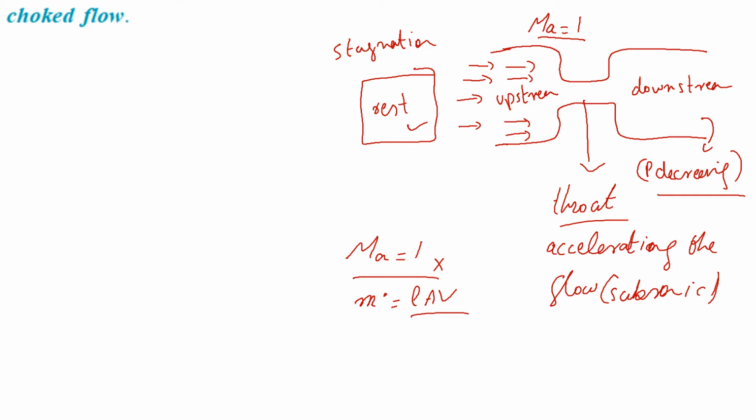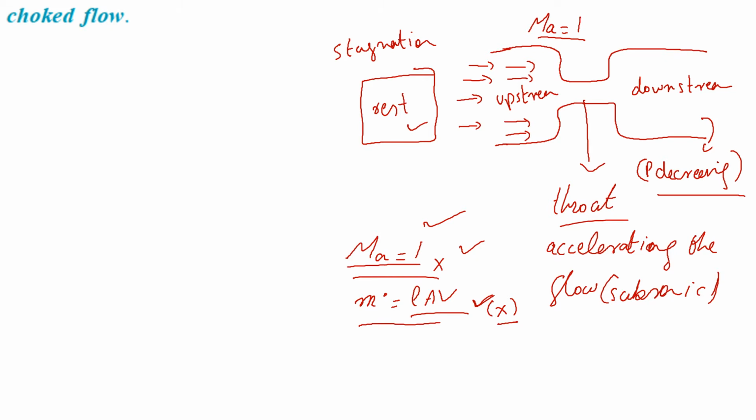By increasing the velocity, the mass flow rate was also increasing. After attaining a Mach number of 1, the mass flow rate will have a certain value, let's say x, and by further decreasing the pressure downstream, the Mach number, which is 1, and the mass flow rate, which was x at the time of Mach number 1, will remain the same.